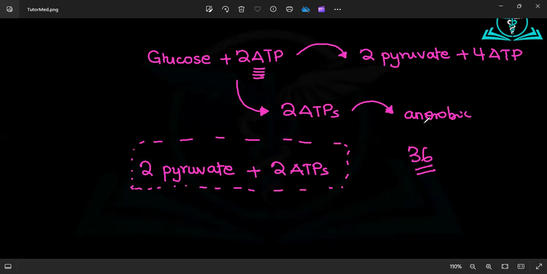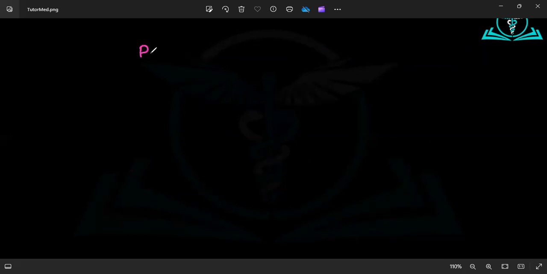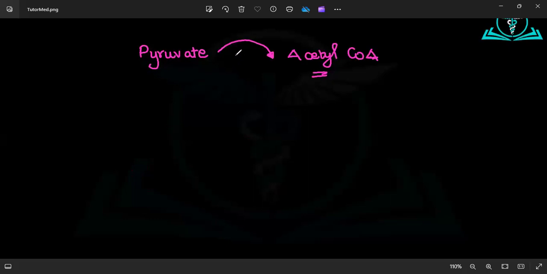So now, the pyruvate that is produced from glycolysis is converted to acetyl-CoA, and that acetyl-CoA is what is going to enter into the Krebs cycle. Do you see that? What is the name of the enzyme? I think I've mentioned it before.